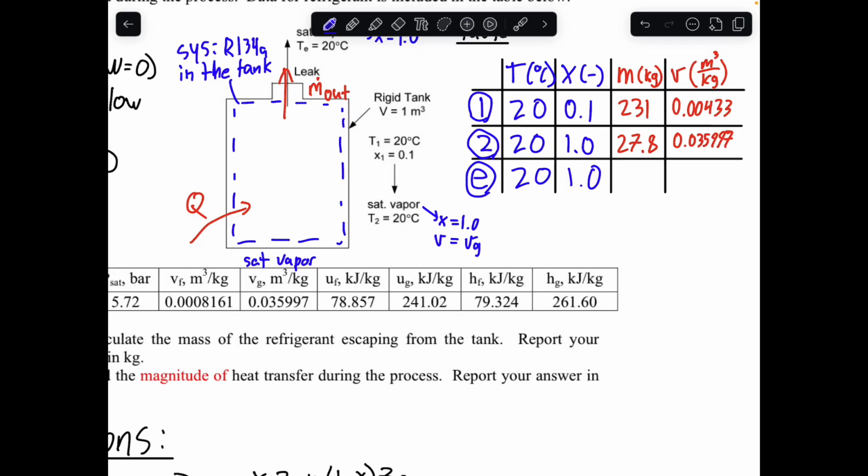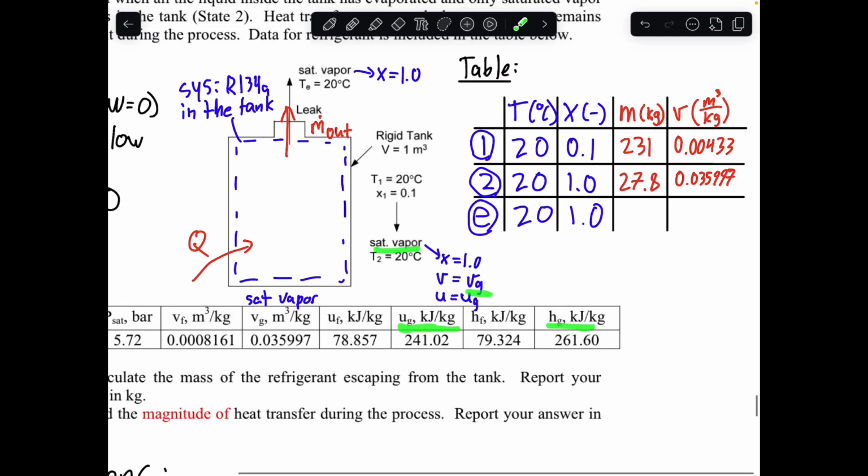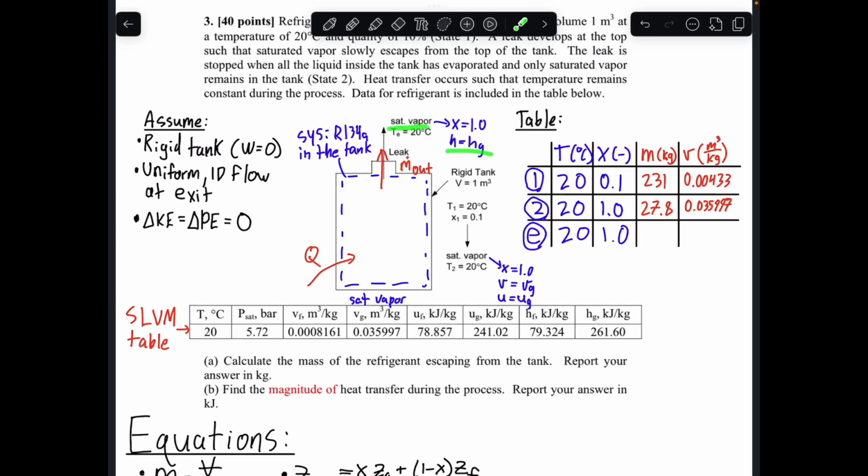We saw that in the last part of the problem. And also U is equal to Ug, because this g is just the saturated vapor property, and that's what appears here in our tables. And also H is equal to Hg. I'll write that up here because this is the outlet state, also at saturated vapor, so H equals Hg.